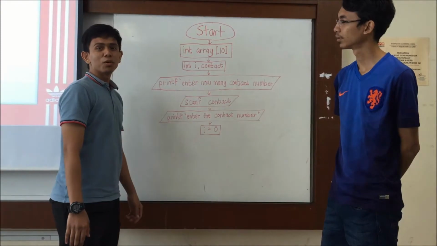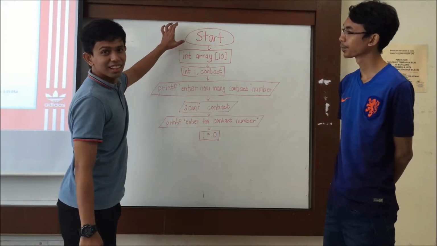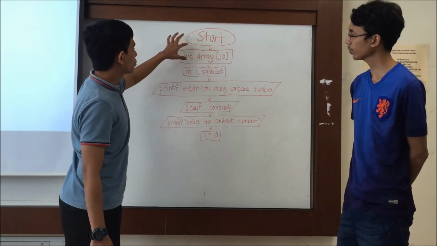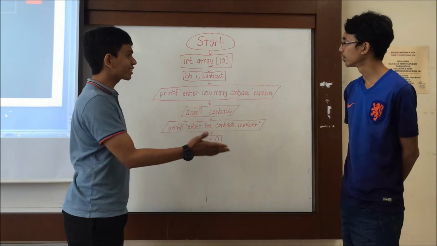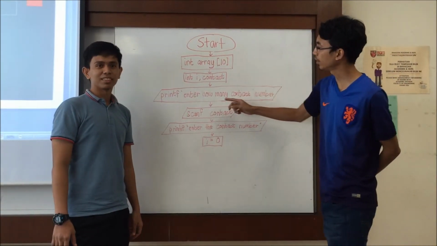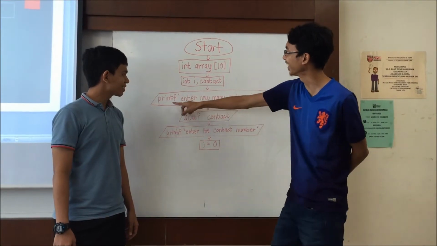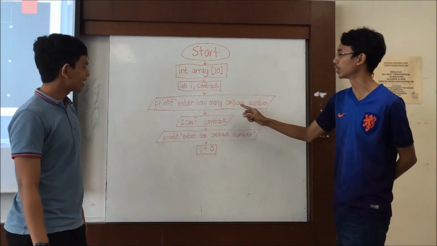Today we are going to introduce the flowchart of the C programming in array. First, we start with the start. Then we put the integer array, which in the bracket is 10. Next, we declare i and contact. After that, print "enter how many contact number".